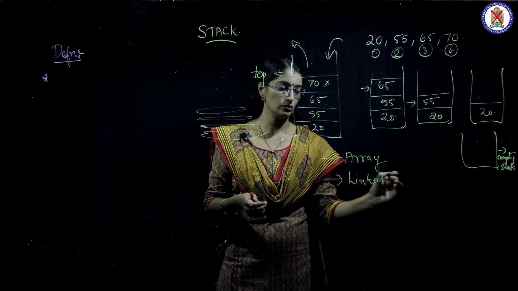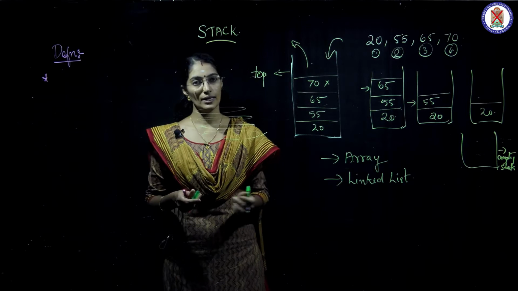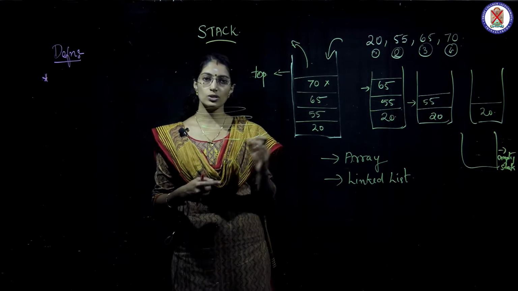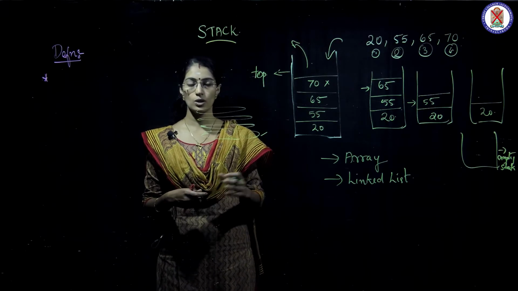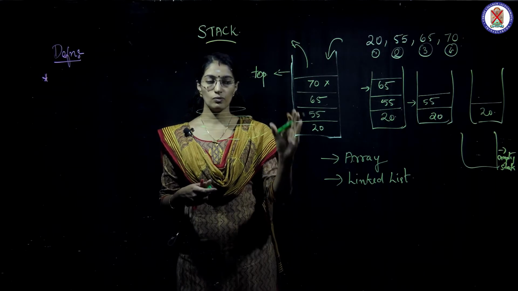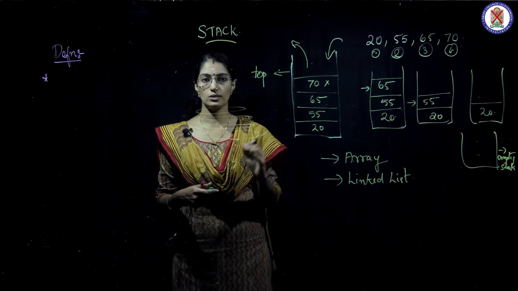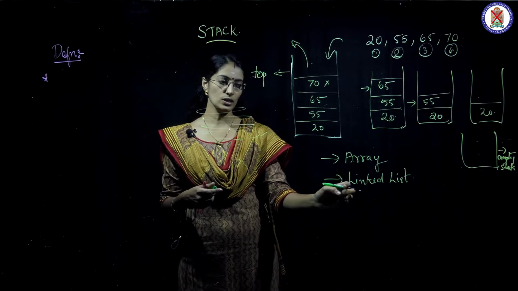In one of the videos I told you array and linked list are the basic concepts of data structure, and whatever higher forms of data structures you use further, you implement them either with the help of array or with the help of linked list. So the stack data structure we are seeing now will be implemented using both array and linked list.